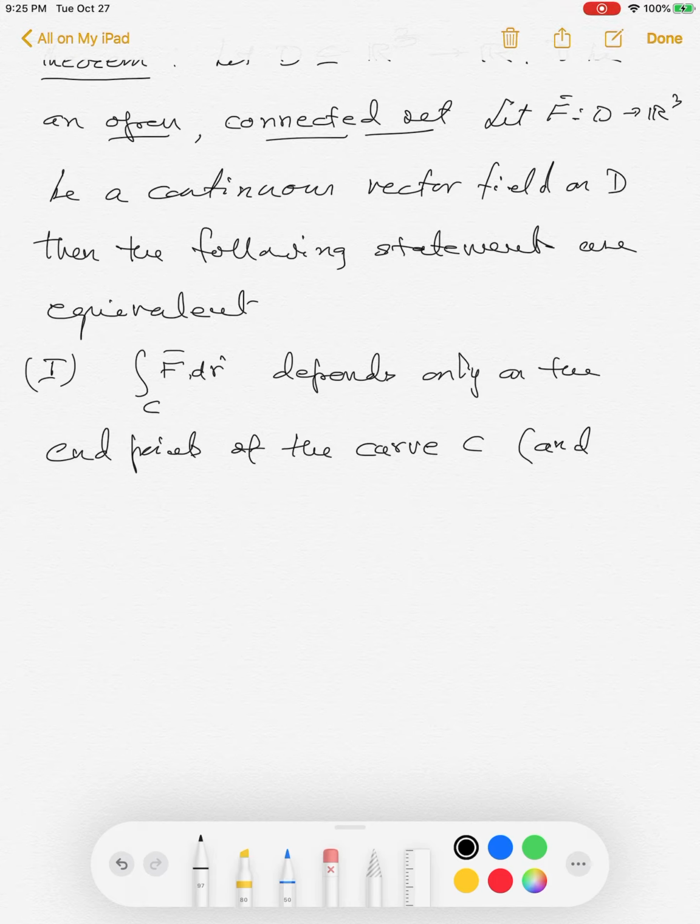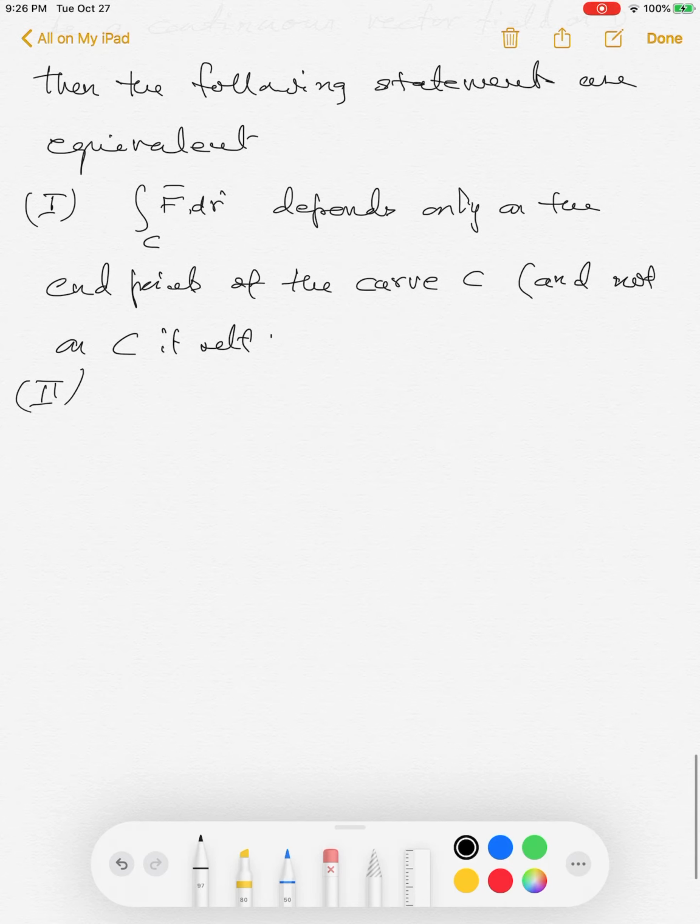So as long as the endpoints are the same, all curves will give you the same value for the line integral. So this depends only on the endpoints of the curves and not on C itself. So that's your first statement.